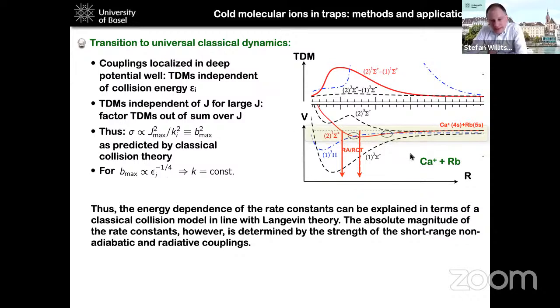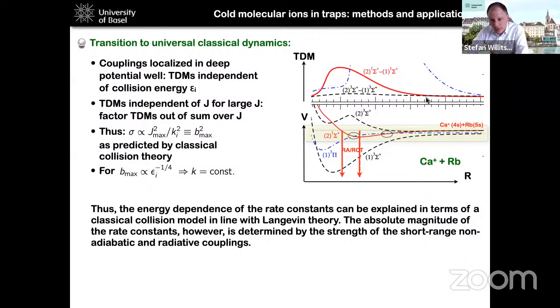What one realizes with the example of calcium plus rubidium is that these transition dipole moments, which drive the radiative transitions, are all localized at short range, because the wave functions of the initial state and the final state need to properly overlap, and they do this best at short range. What I show you here in the upper part of this plot is the value of these transition dipole moments for radiative transitions in calcium rubidium that we have discussed before.